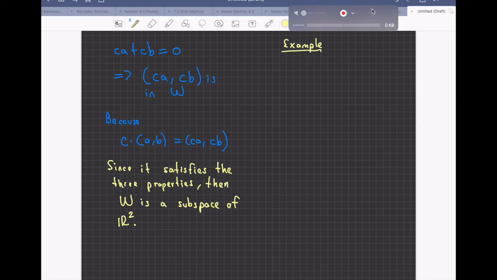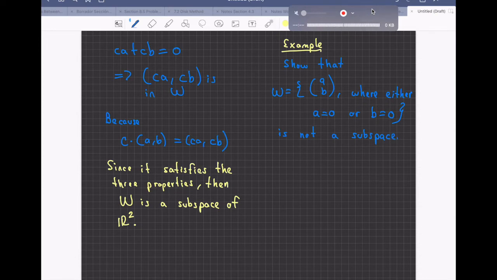Example: show that W equal to the vectors A, B where either A is 0 or B is 0 is not a subspace.